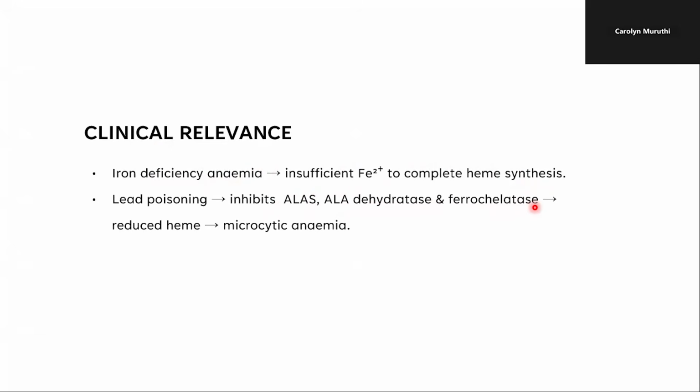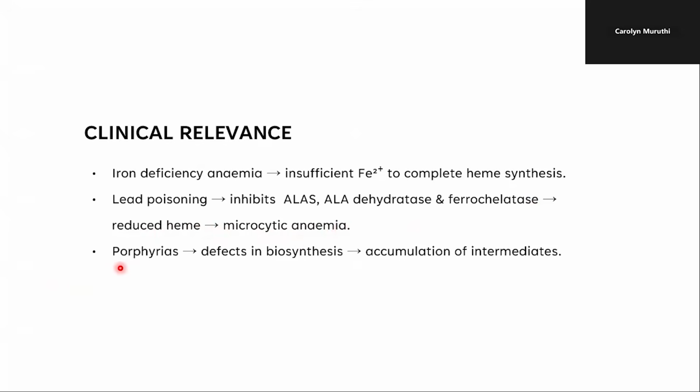Lead poisoning, therefore, will cause a reduction of heme synthesis, resulting in microcytic anemia. When one of the enzymes in the pathway does not work properly, we get a family of disorders known as porphyrias. This results in accumulation of intermediates, as we shall see in the later slides.